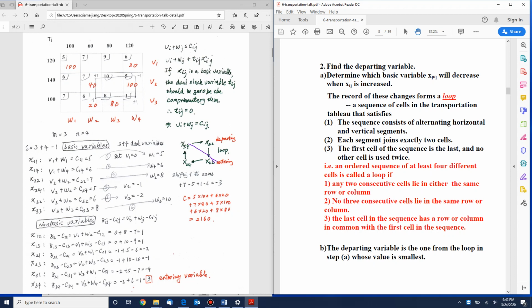And you could see in the cell 1, 4, if you reduce 1, that means you have to increase 1 in that cell 1, 1. Cell 1, 1 is already full with 100 because market 1 needs 100 there, right? So you cannot give more than 100 to it. So in this way, you can't go any further.